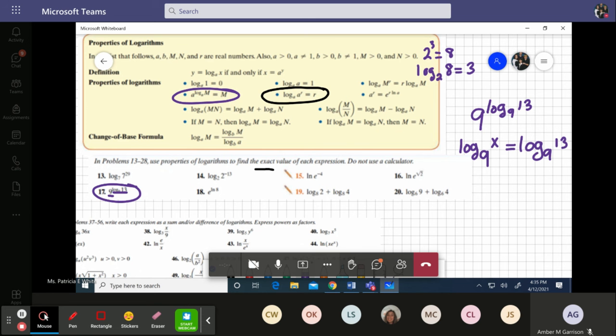Now what showed up the same? Log 9, log 9. That leaves me with x is equal to 13, right? So there's this property right here. e to the natural log of 8.